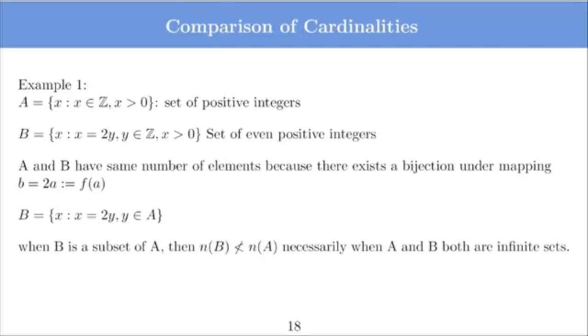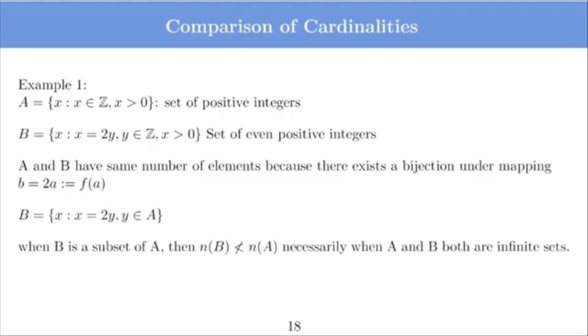For example, you take 100, it is mapped from 50. Because they are all even numbers, using this map b equal to 2a, you can always take one b and you are always able to find one a, because b is an even positive number. So you can always find one a which is a positive integer.